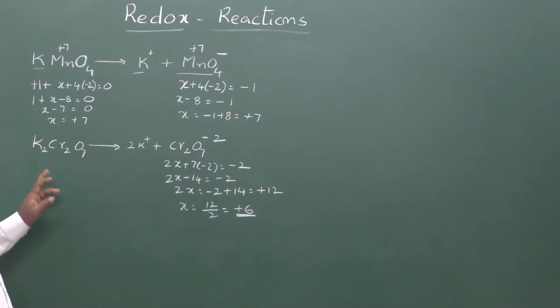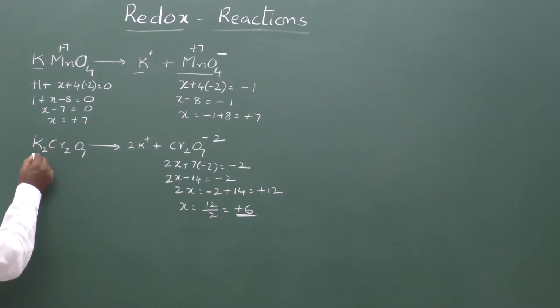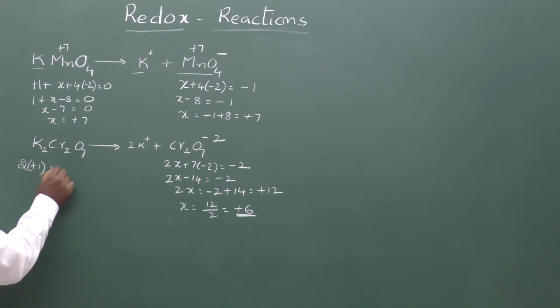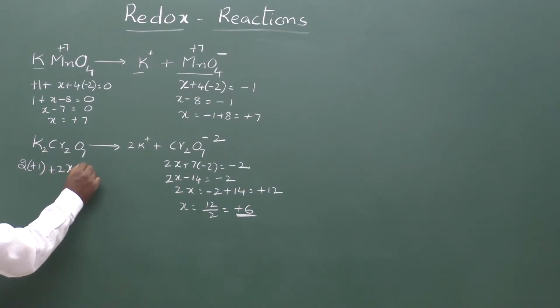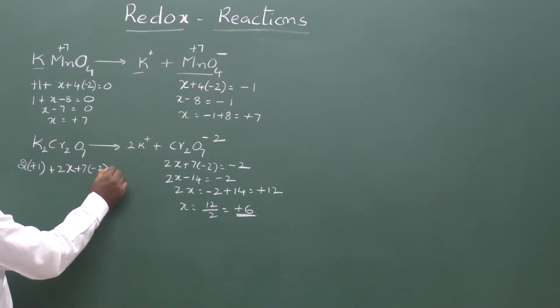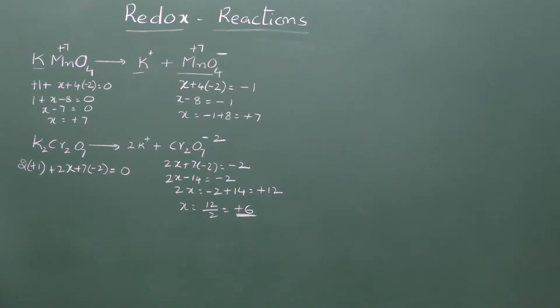If you calculate the oxidation state of chromium in K2Cr2O7 also, you will have the same result. Potassium oxidation state is +1, so 2 potassiums, 2 into +1, plus chromium oxidation state is variable, so let it be X, 2 chromiums, 2X, plus 7 into -2. The sum is 0 because there is no charge.